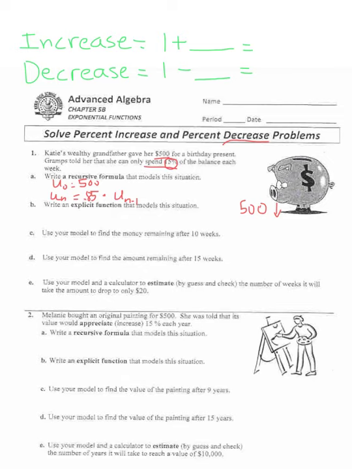So in this case, since we're spending 15%, that means our balance is decreasing. So we're going to do the percent decrease and do 1 minus 0.15, which gives us 0.85. If our balance increased, then we do 1 plus 0.15, which is 1.15. So we either have the growth factor, which would be 1.15, or we'd have a decay factor, which is 0.85.